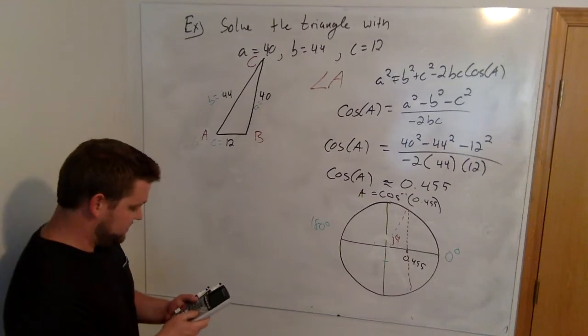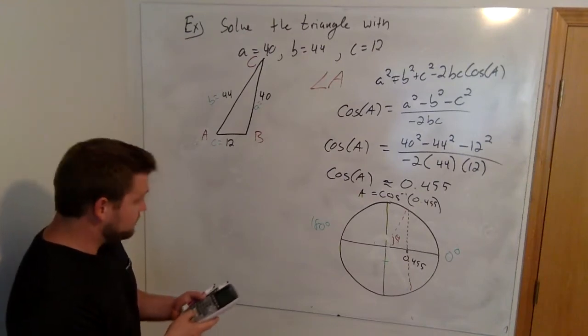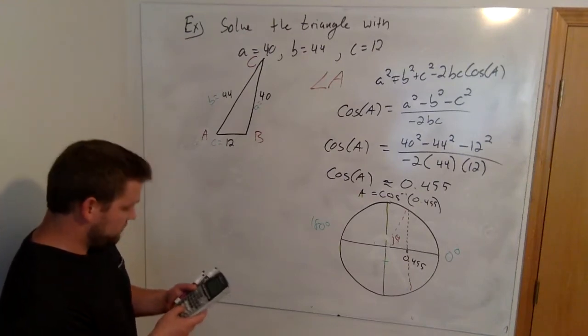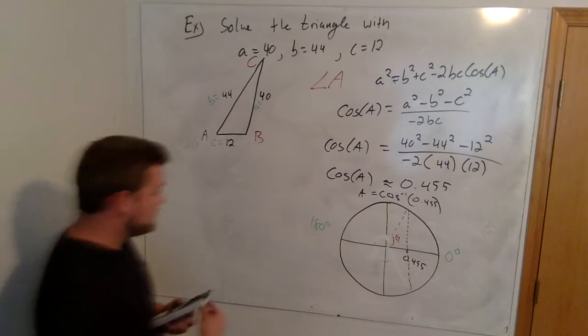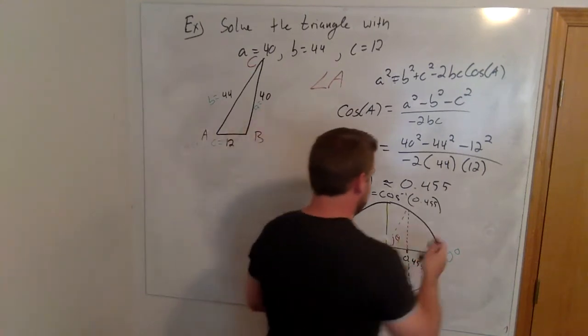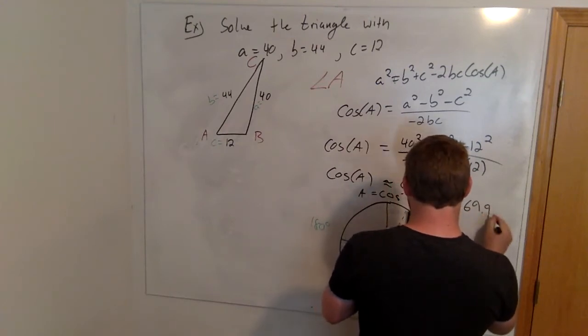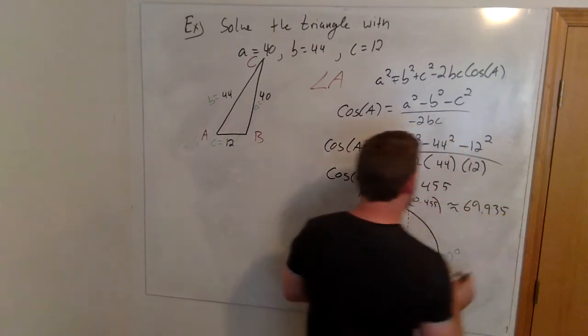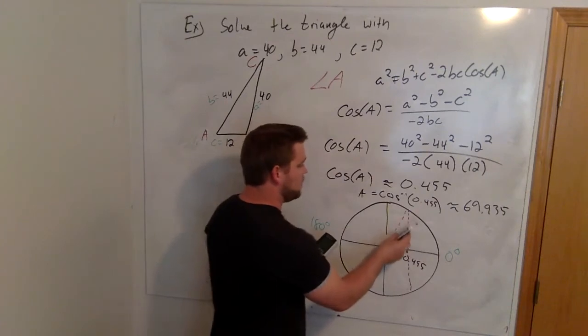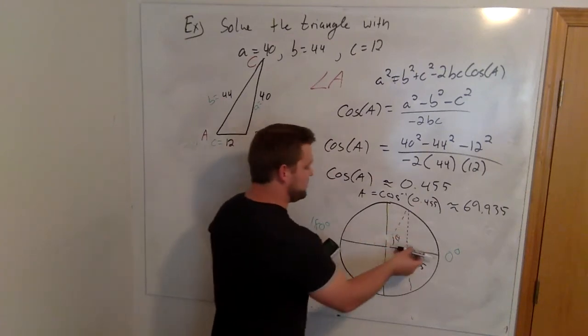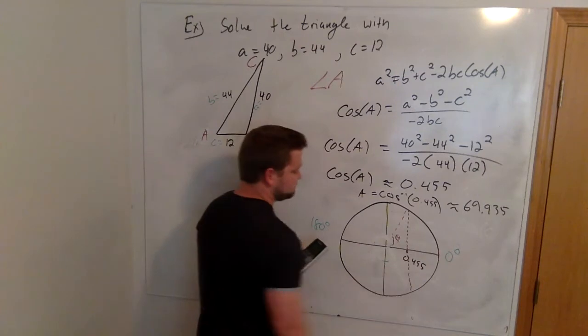So let's see this. The cosine inverse of 0.455, I'm getting that this is 62.935. Notice it spat out this acute angle. It did not spit out this one here.